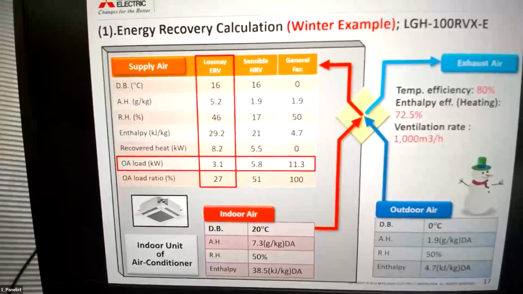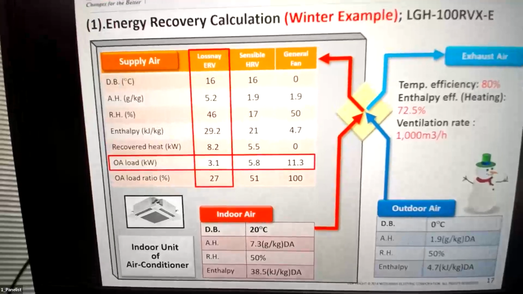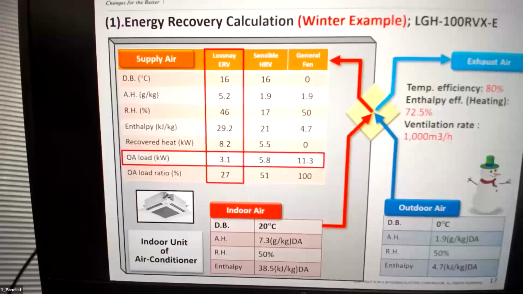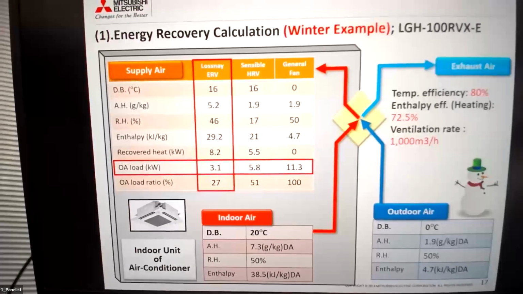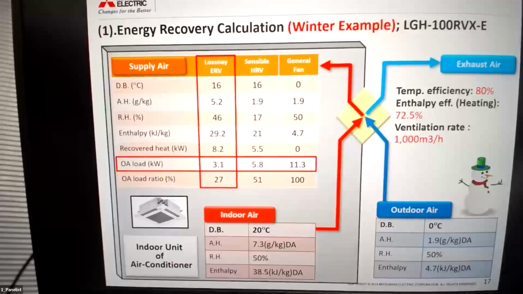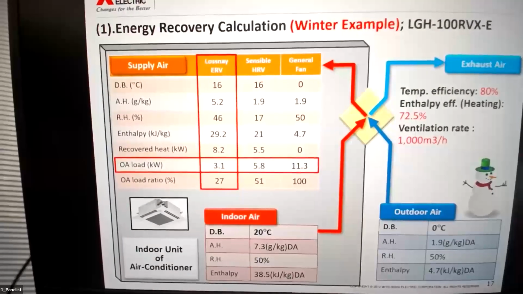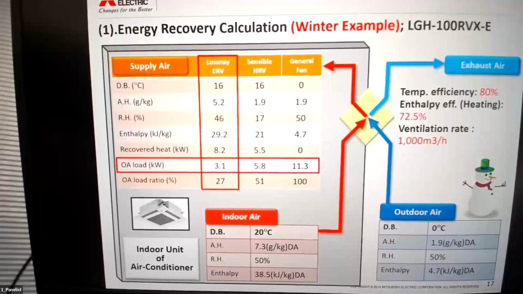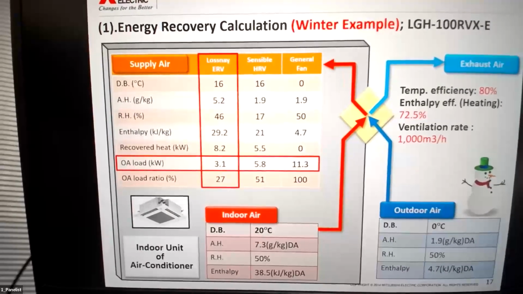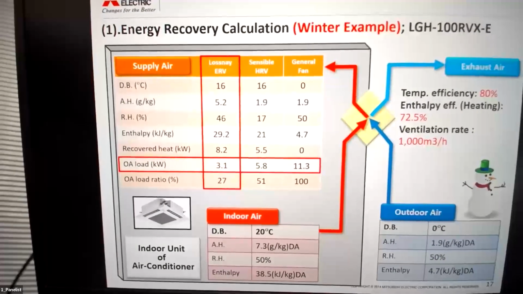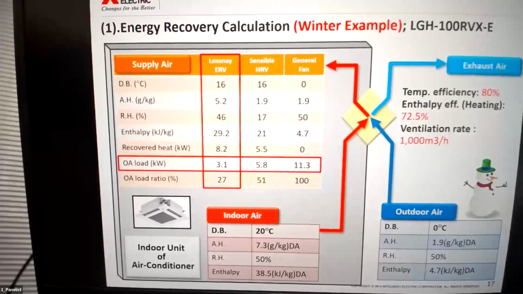Theoretically, take one unit, let's say this unit, this chassis with a heat exchanger of this size. If you increase the air volume, unfortunately the transfer efficiency goes down. On the other hand, if you decrease the air volume, the heat or energy recovery efficiency goes up.